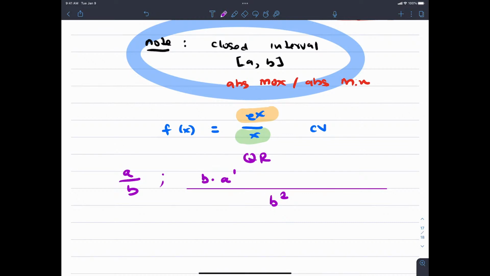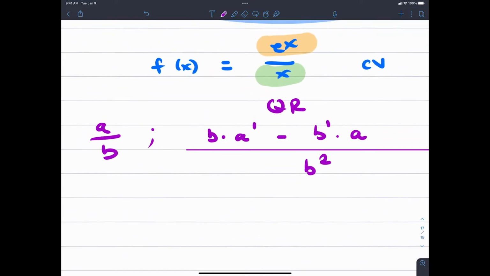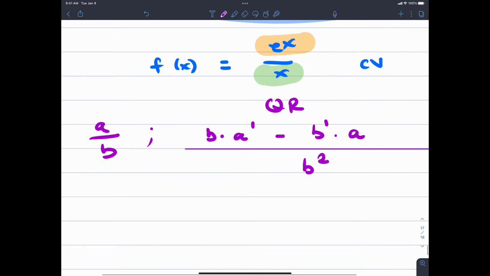Now, what else do you guys do? Minus what? Yeah, derivative of b times a. Is that true? Right? Isn't this the quotient rule that you guys have to use? Let me move this out of the way. All right, you guys remember this?